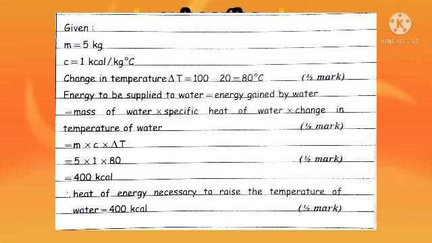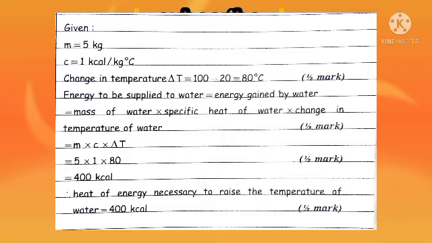Energy to be supplied to water is equal to energy gained by water, which is mass of water into specific heat of water into change in temperature. m into c into change in temperature is equal to 5 into 1 into 80. Answer is 400 kilocalorie. Heat energy necessary to raise the temperature of water is 400 kilocalorie.